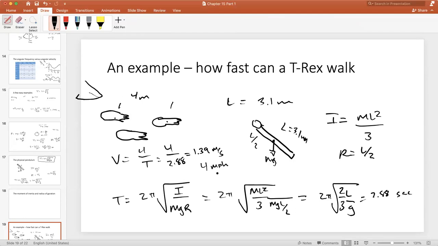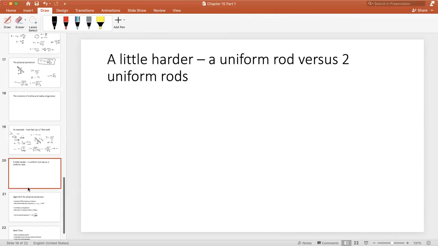However, in order to do it more correctly, you would have to figure out the different moments of inertia of the different parts of your leg, or the different parts of the T-Rex's leg. So I want to show you how to do that when I isn't simple.